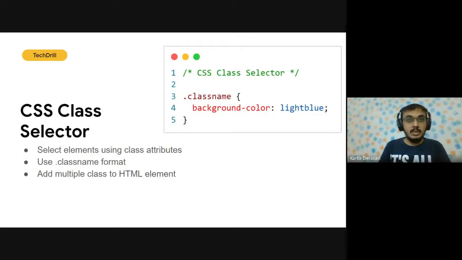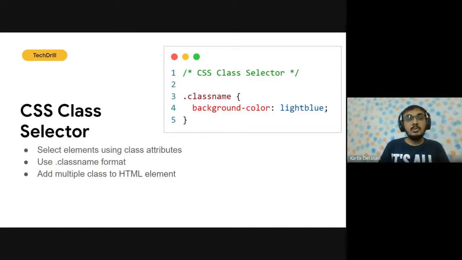and then leverage the class attribute to style those elements. For example, I'm creating a class with the class name red, and I can use that red class name at multiple places in a single file or multiple files.